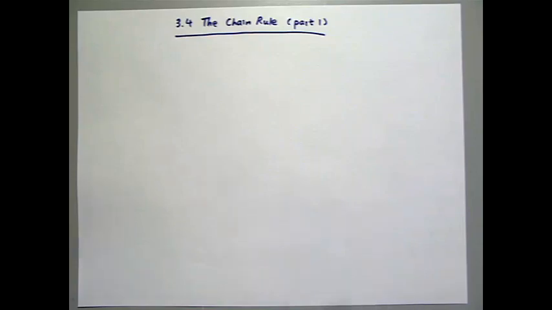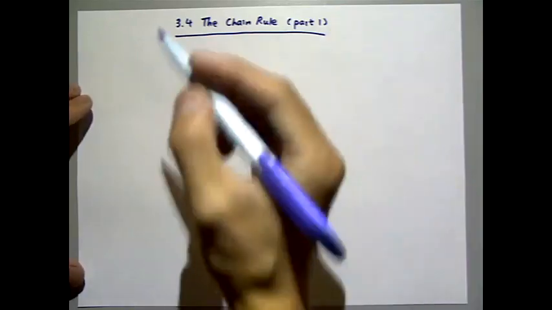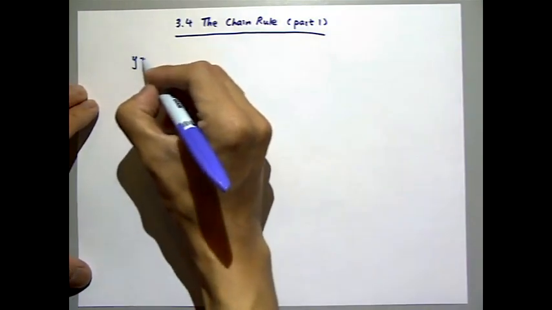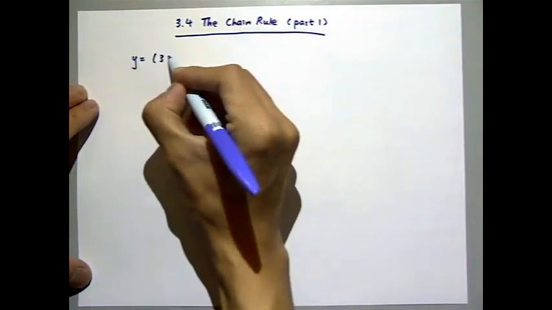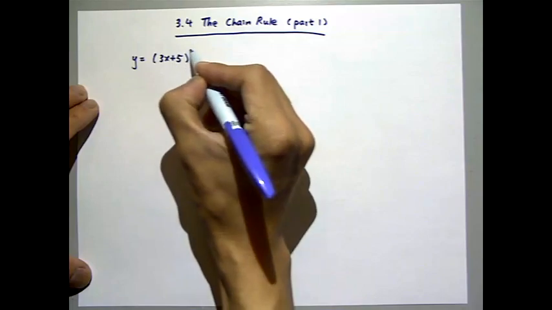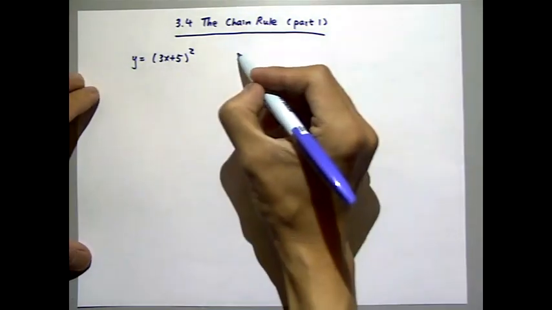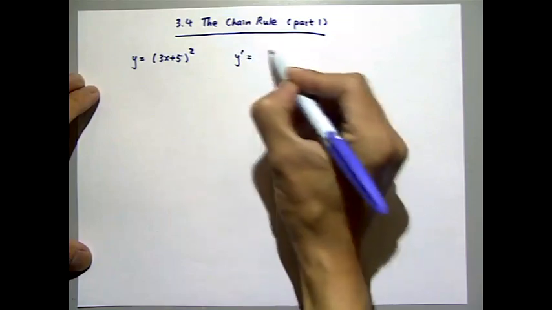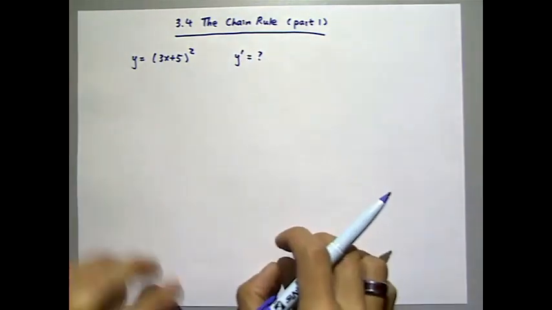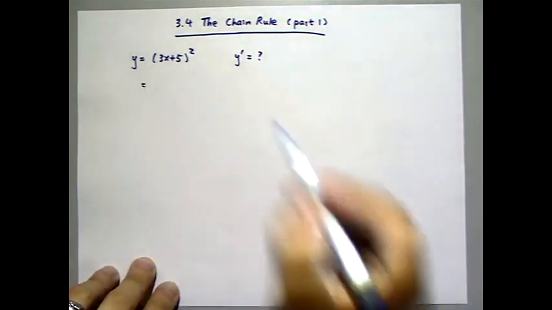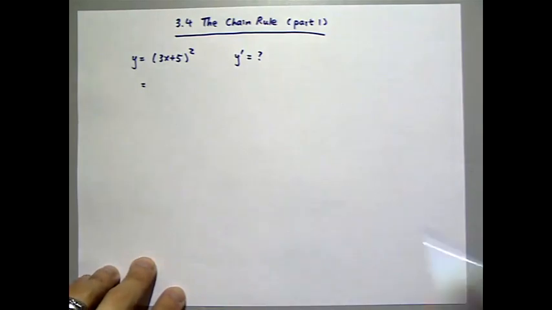So to start looking at the chain rule, let's look at a problem such as this function. We'll make a simple one, 3x plus 5, the whole thing squared. Now, as usual, let's try to find the derivative of this thing. We've got a couple different choices here.